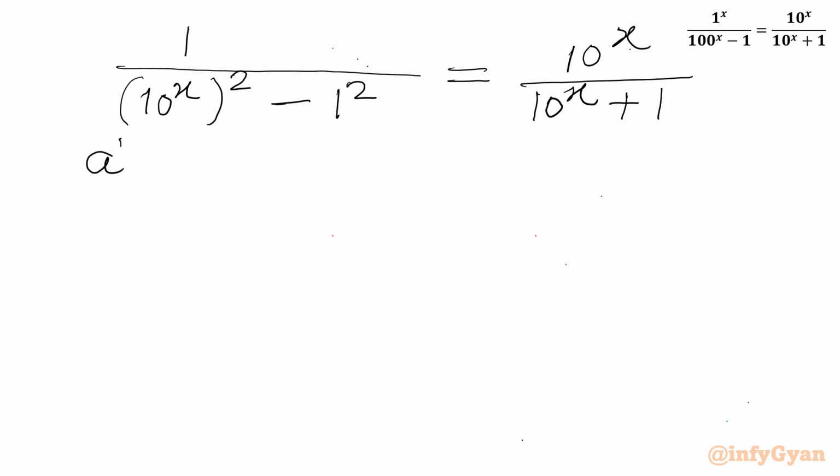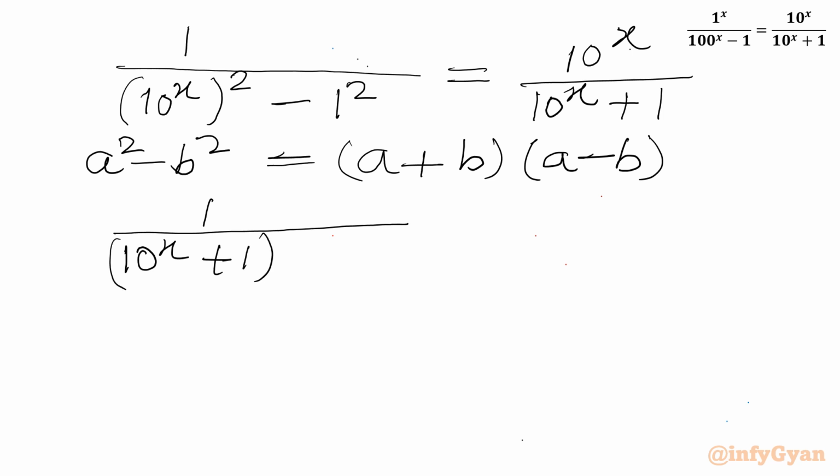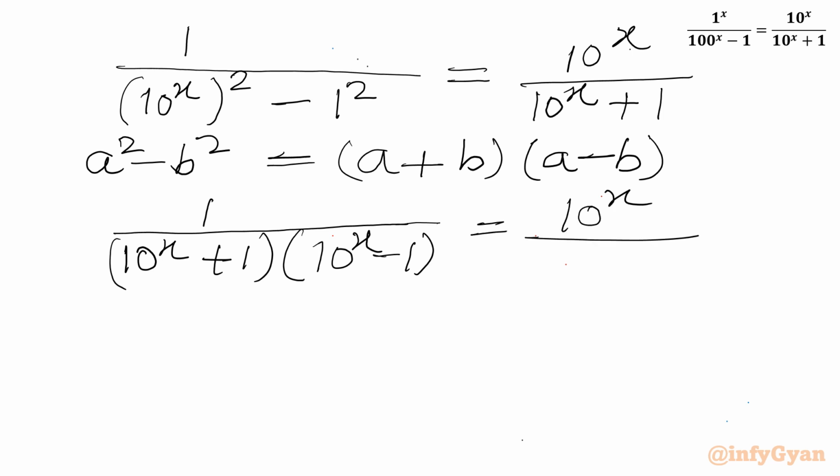Now I can use the a square minus b square formula, which will be equal to a plus b times a minus b. So I can write 1 over 10 power x plus 1 times 10 power x minus 1 equal to 10 power x over 10 power x plus 1.